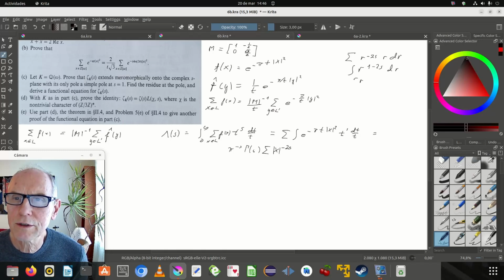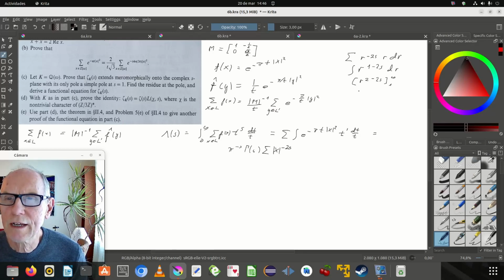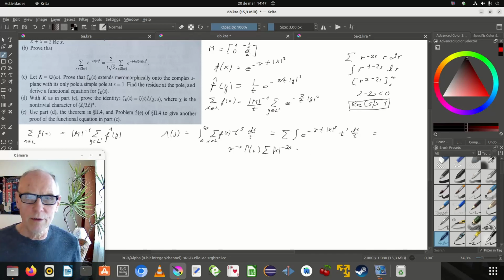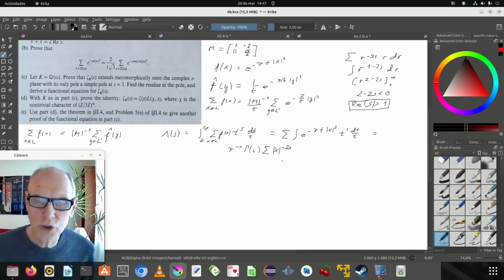So it's like r to 2 minus 2s from 1 to infinity. So we need this to be negative. And that means s must be larger than 1, and in general it's the real part of s that must be larger than 1. So that's when this will converge.